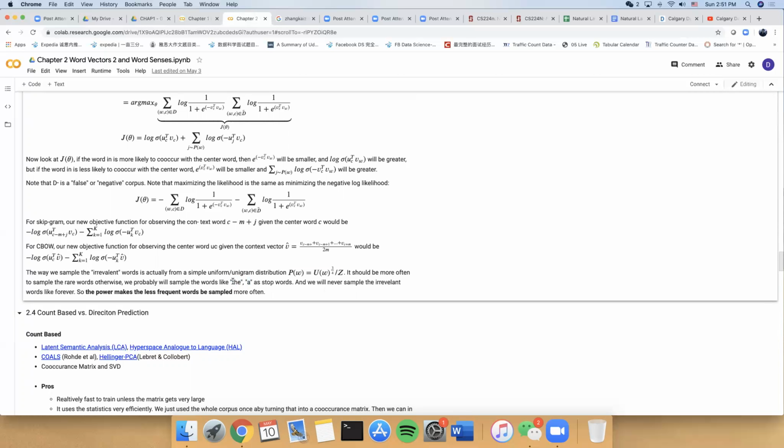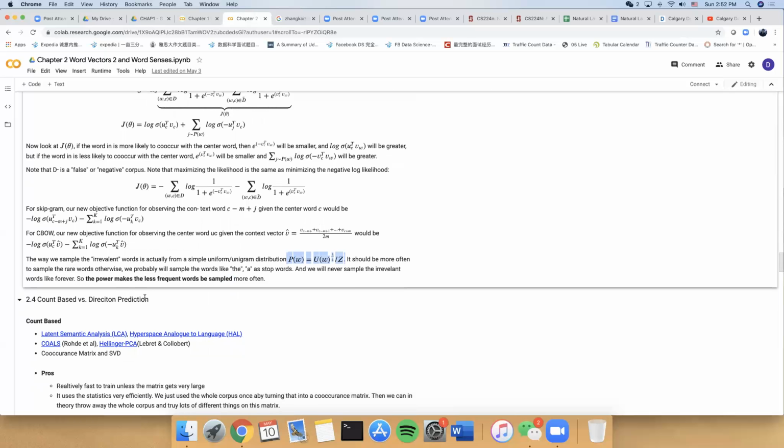This function helps us do that. But this is not a must-know; if you want to know more, you can go back to my previous notes and read yourself. Just remember, this is the default function, and its purpose is to make less frequent words be sampled more often than before.